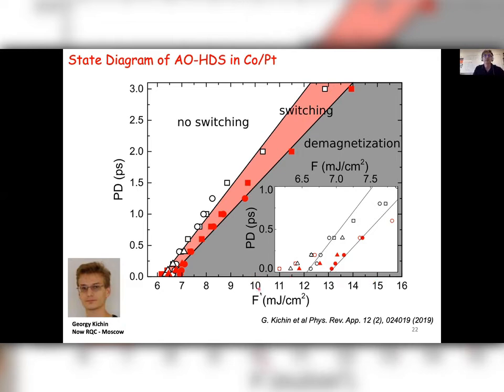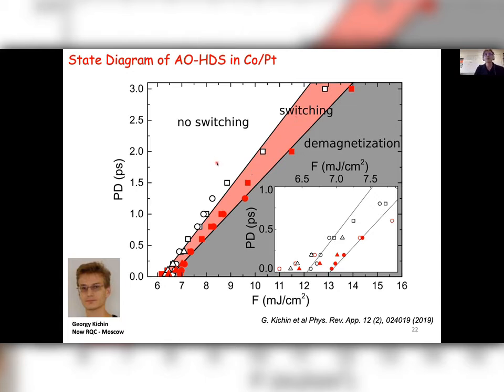So for 10 millijoules per centimeter squared, on this line here, the same amount of energy is given, but not with the same pulse duration. What we observe is that if the fluence is too low, then no switching is observed. If the fluence is too high, then you have demagnetization. But you have a narrow window here that shows clear switching of the magnetization.